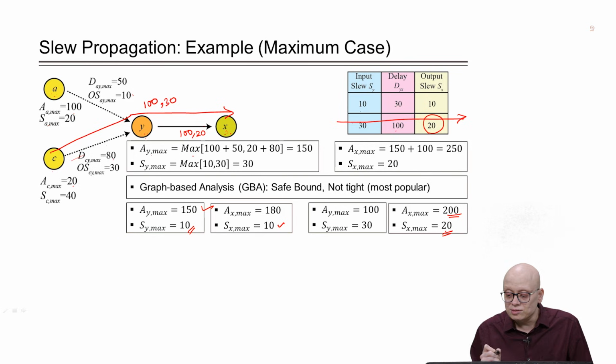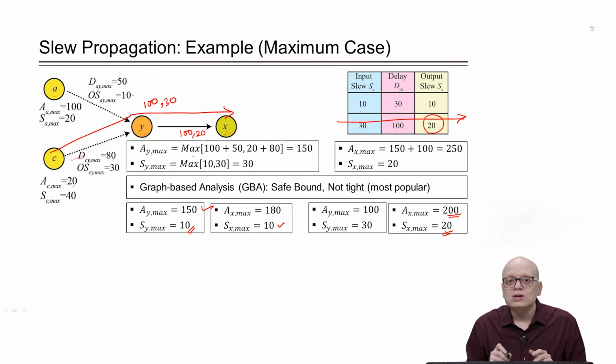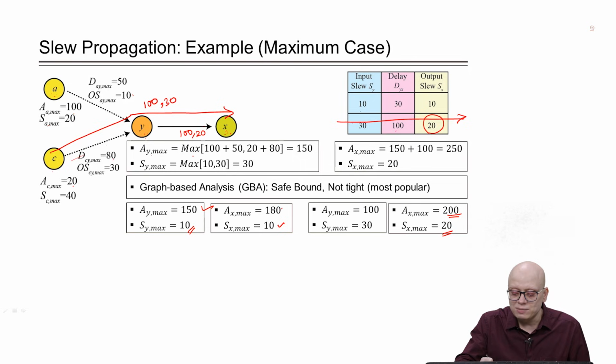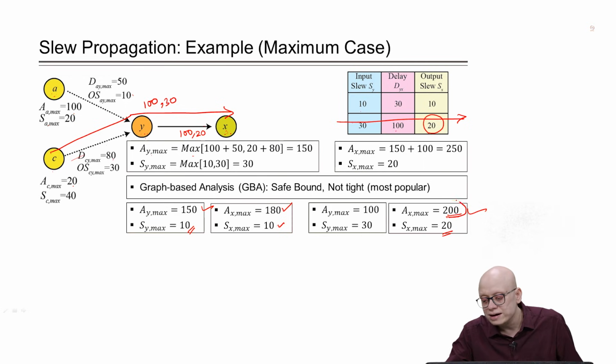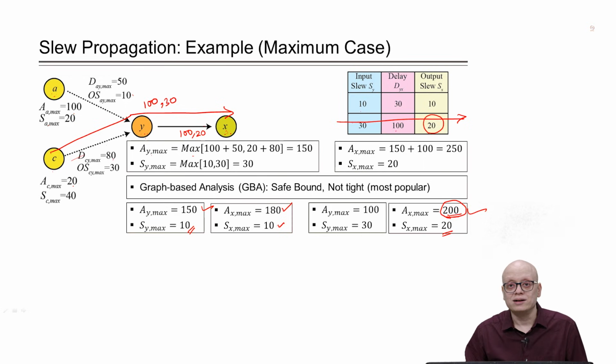So, we see that if we compute the arrival time and the slew exhaustively through these two paths, we will get the arrival time as 180 or 200, and out of them, which one is worse? The worst, or the more pessimistic, is the 200. So, the real bound on the arrival time is 200 and not 250 that we computed in the graph based analysis.